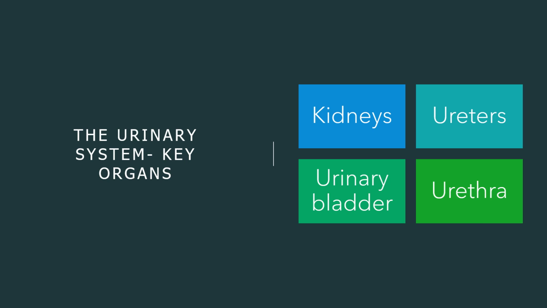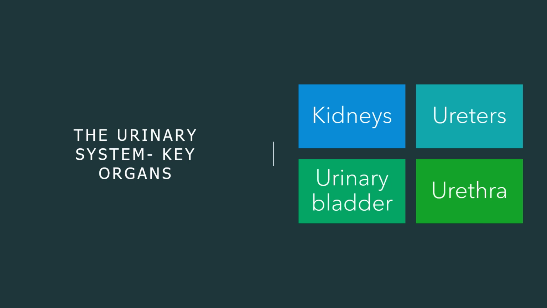The system is made up of four key organs, what we just touched on: the kidneys, ureters, urinary bladder, and the urethra. Among these organs, the kidneys play a pivotal role in filtering blood, removing waste products, regulating electrolyte levels, and producing urine.